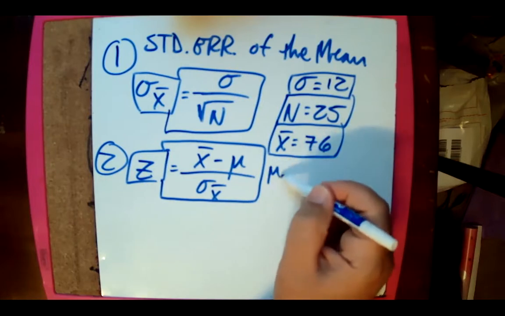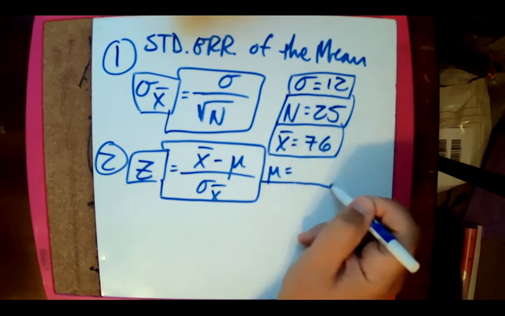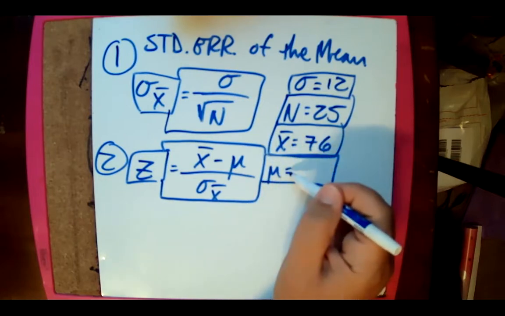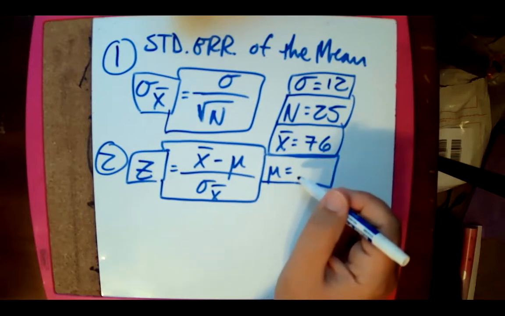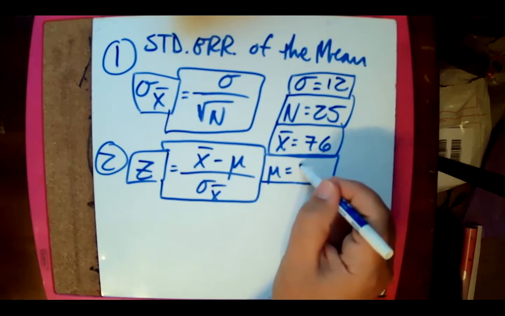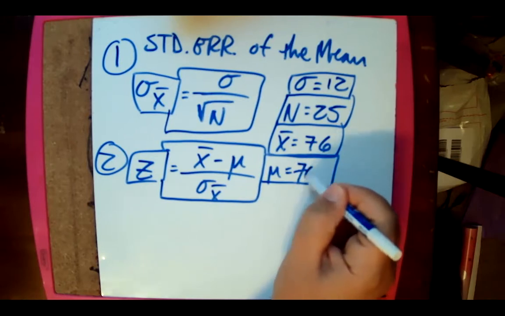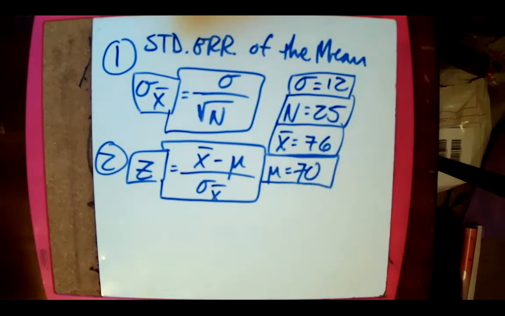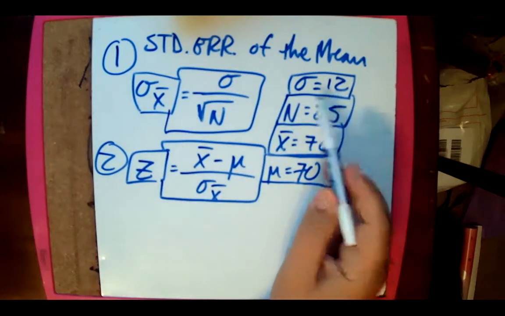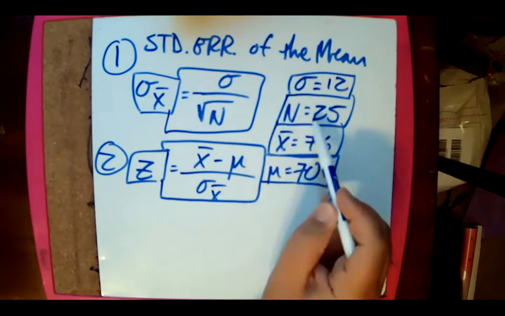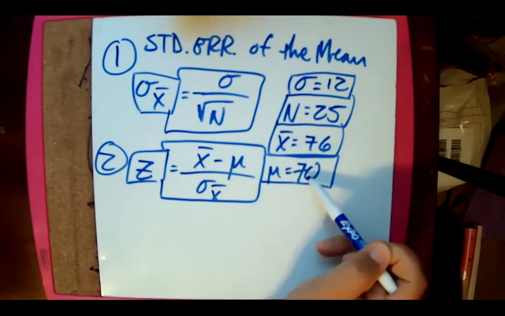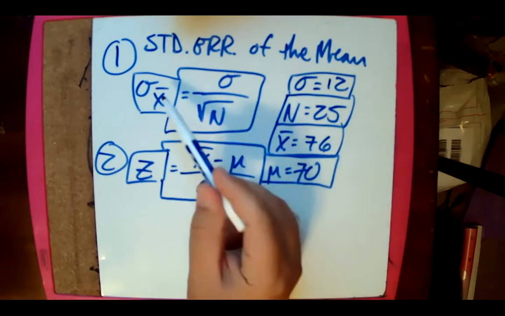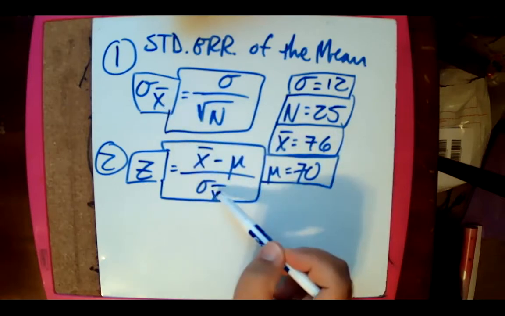And then for the entire district put together, so all the high schools combined, what is the average score? Maybe it's, let's just say 70. So you can see here, we already have everything we need to solve, right? So standard deviation goes there, our n goes here, our sample average goes here, and our population average goes there. Whatever answer we get from step 1, we plug in down here.